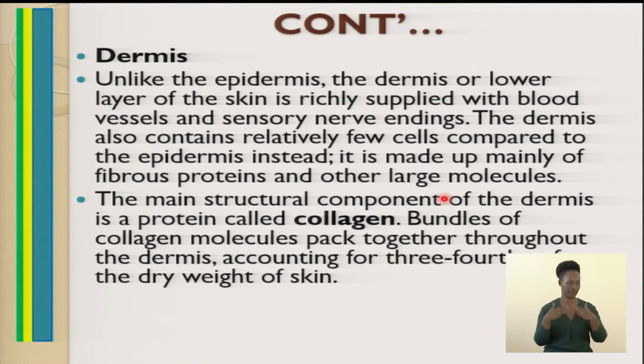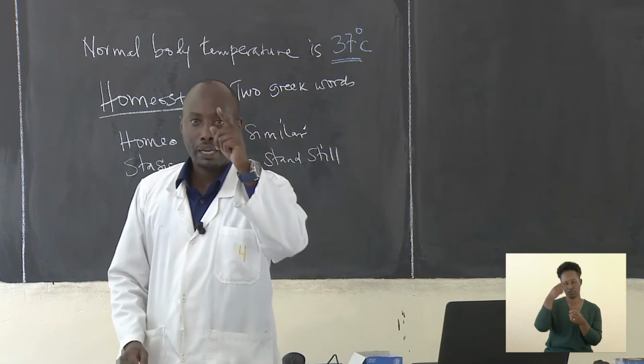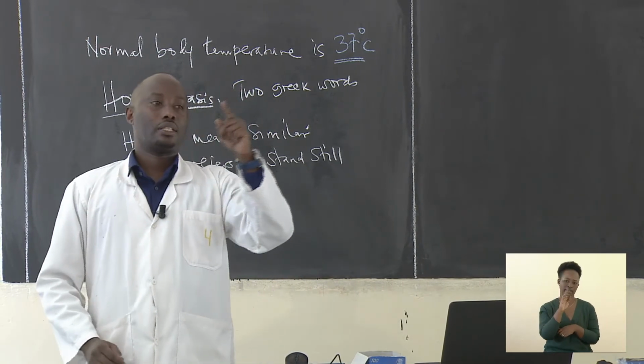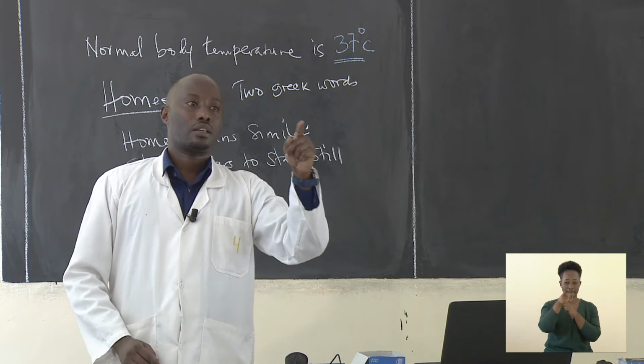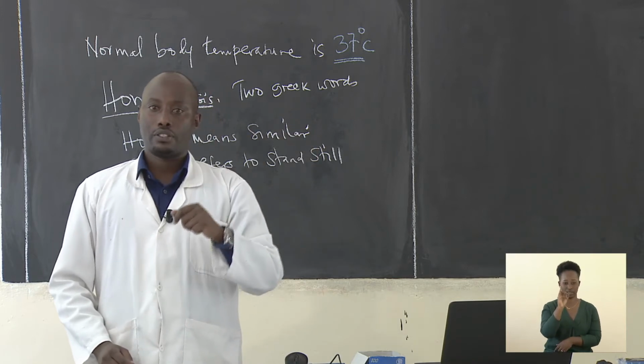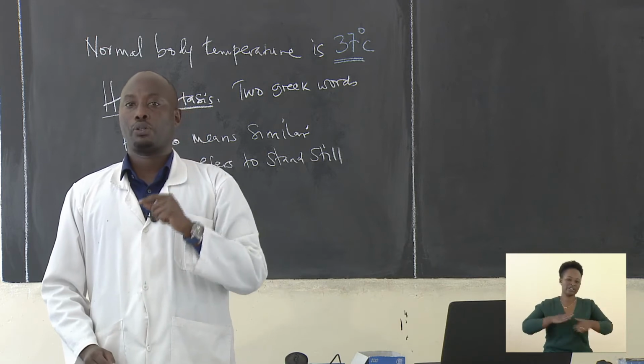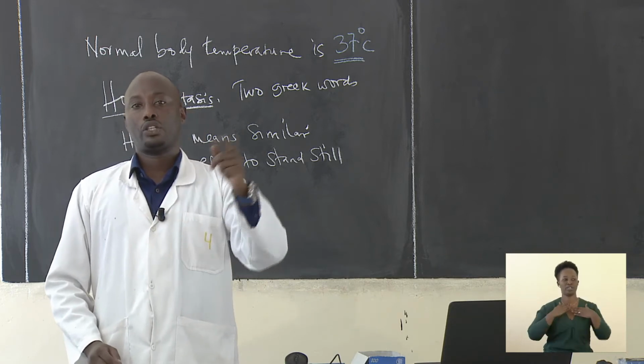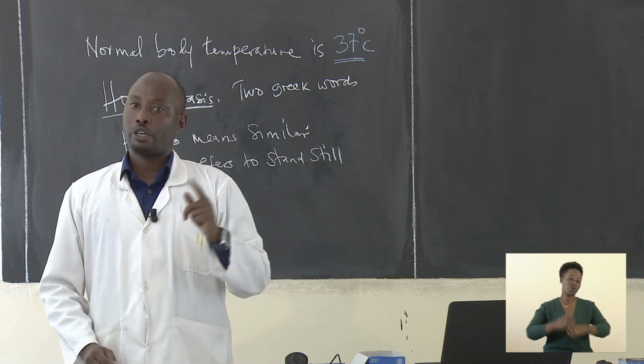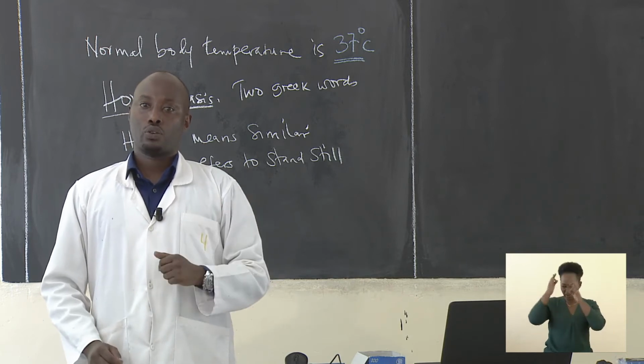And if you remember, in summary about the epidermis, the skin is the first line of defense. It protects our body. What makes the skin protect our body from entry of any pathogens, as I mentioned, or the loss of water?